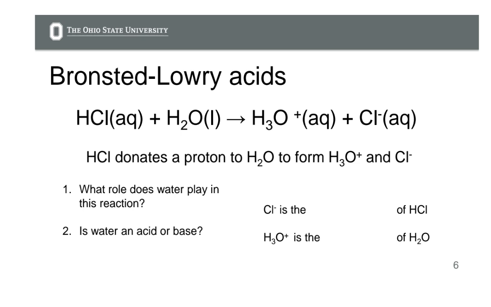So if we go back to our HCl reaction with water, here's our HCl, here's water, and what we see is that the H+ from HCl gets added to water to form H3O+. And so the HCl is donating that proton to water to form H3O+, and then also Cl- is formed. Okay. Everyone see that?